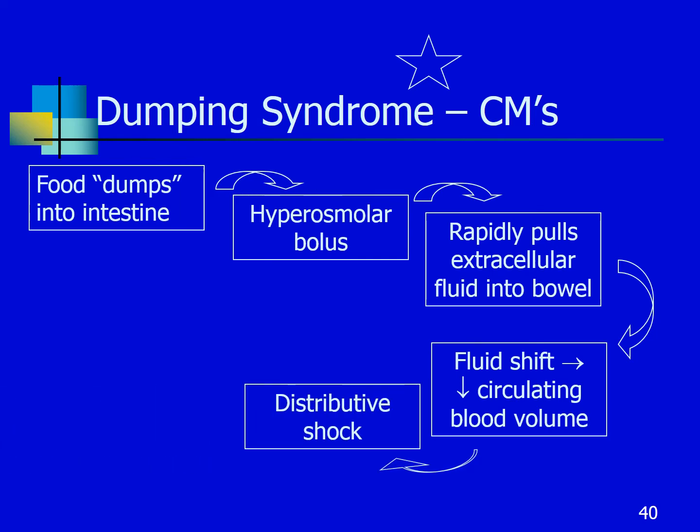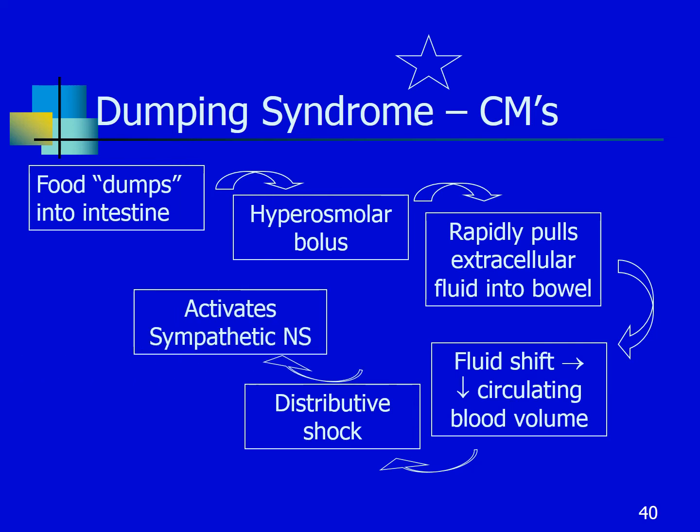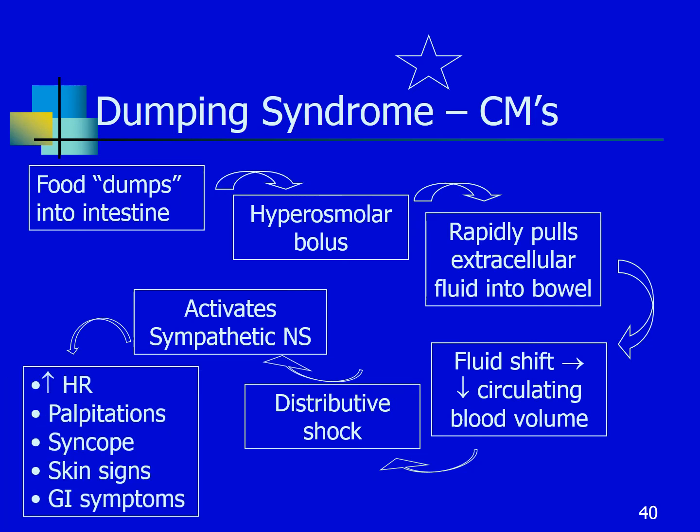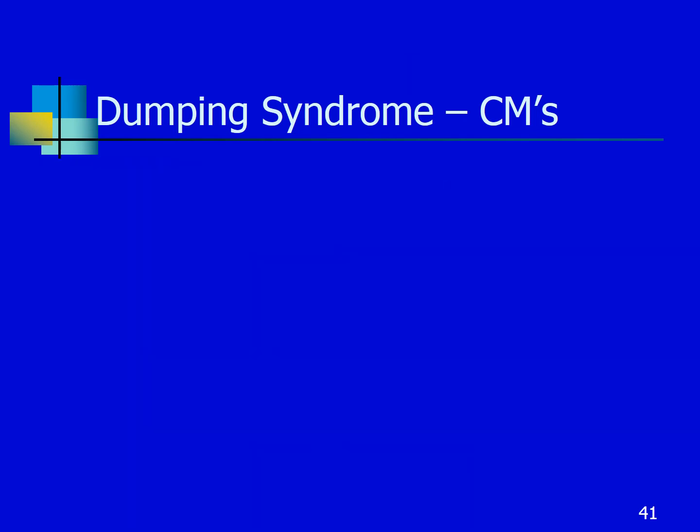Causing distributive shock, which is extensive vasodilation, leading to the activation of the sympathetic nervous system, thereby showing the signs and symptoms of dumping syndrome, which are increased heart rate, palpitations, syncope, skin lesions, and GI symptoms. Next slide.